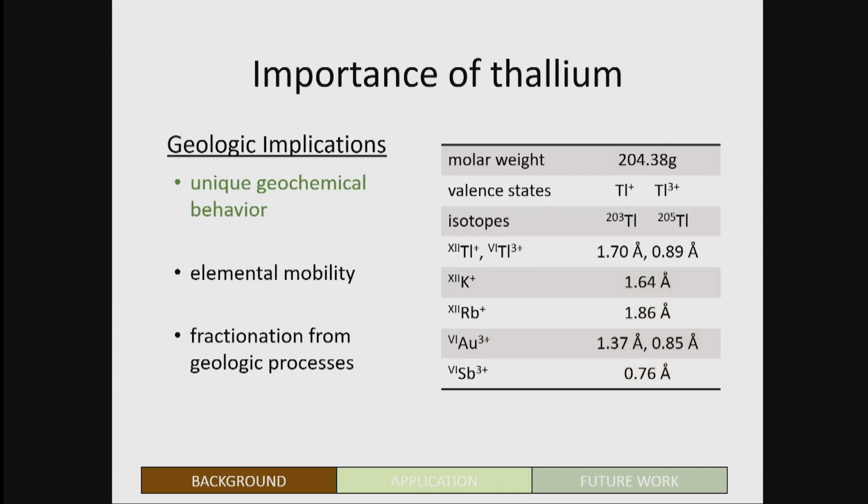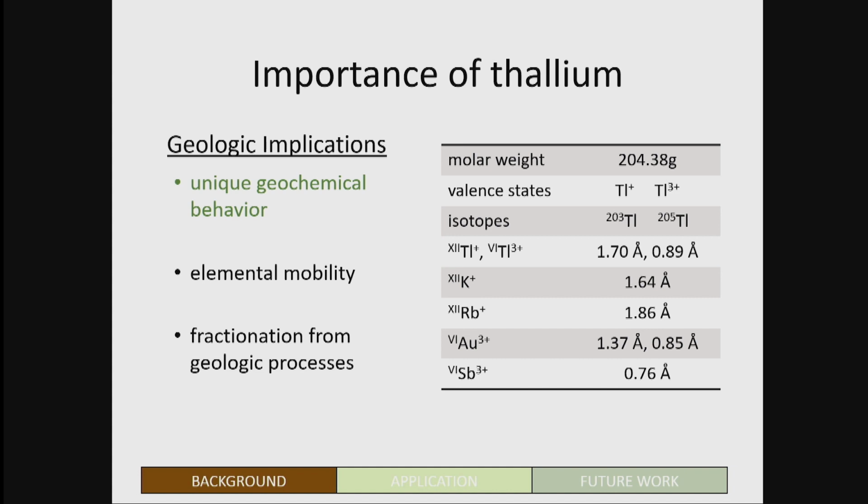The first of which is due to its unique geochemical behavior. Thallium has two oxidation states, a reduced state that is a +1 charge and an oxidized state that is a +3 charge. It also has two isotopes, a mass of 203 and a mass of 205. And these are really, really heavy masses. So for a very, very long time, it was not expected that thallium isotopes would fractionate or vary whatsoever, and especially not to any sort of measurable extent.